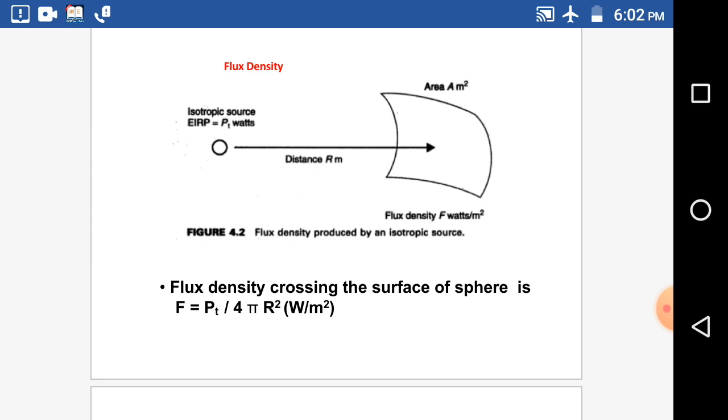F is equal to total radiated power by isotropic source, Pt, divided by 4 pi r square. So in a link equation, we will use flux density or power density equal to Pt divided by 4 pi r square.